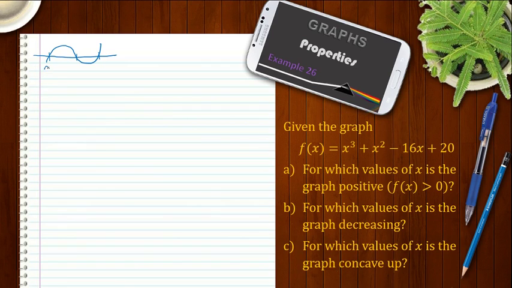So that means I need to say f(x) equals 0 and solve for that. So I'm going to say x to the power 3 plus x squared minus 16x plus 20 equals 0. Okay, so here we have to do all those calculations again, where we're going to factorize. And the factor here is x minus 2 is a factor over here.